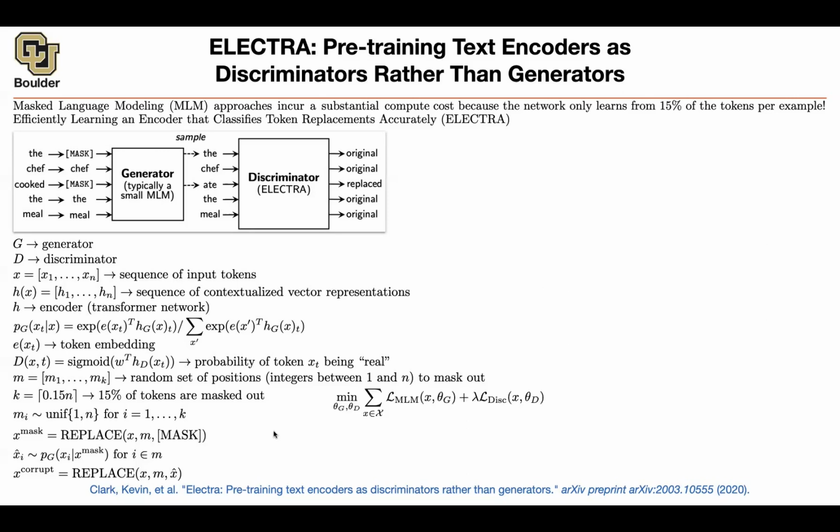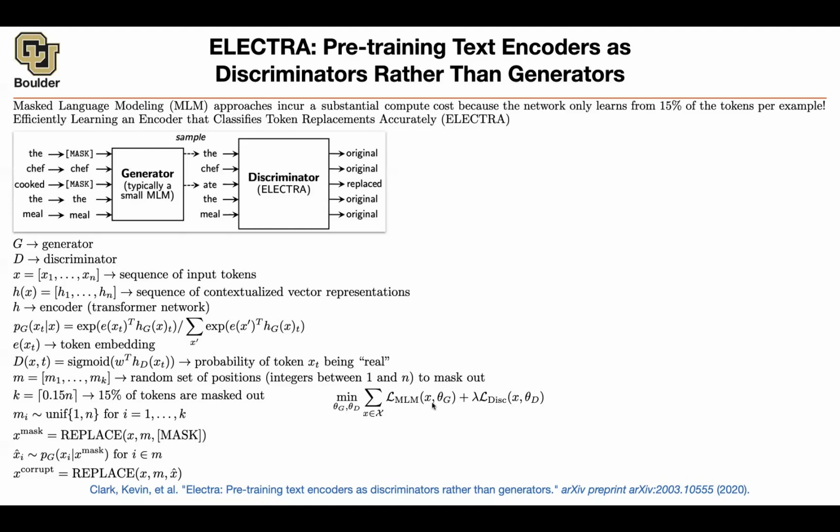Now it's time to write down your loss function. You need to train your generator. You're still going to train it using masked language modeling, which is maximizing this probability, or minimizing the negative of the log of that probability. You are adjusting the parameters of your generator, but your generator is a small model, so it's going to learn quickly.